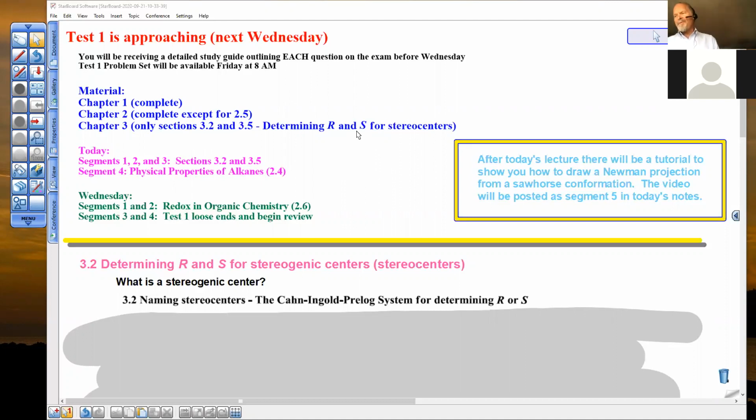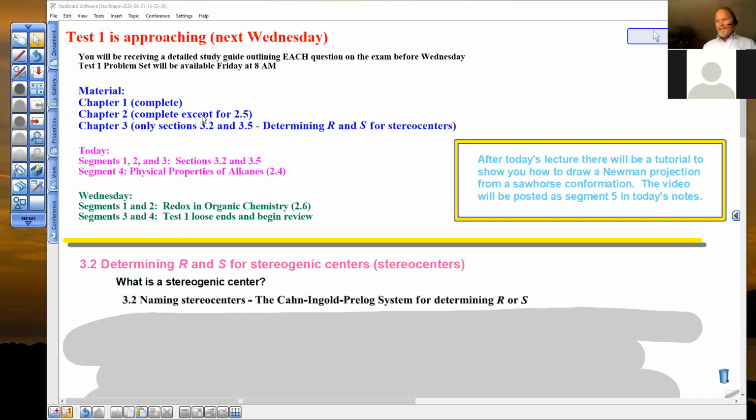I'm going to jump into the Chapter 3 stuff and then come back around for the Chapter 2 stuff we haven't done yet, because I want to get to the type of chair question you're going to see on your exam, and I want to do that today. And then Wednesday, we're going to finish up with redox and all loose ends that we haven't covered that are on this list up here.